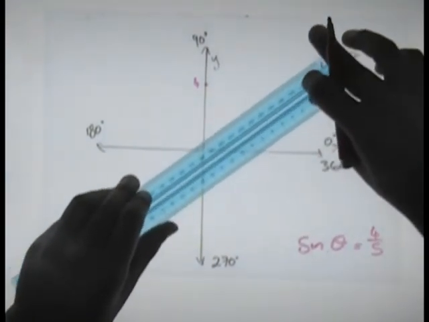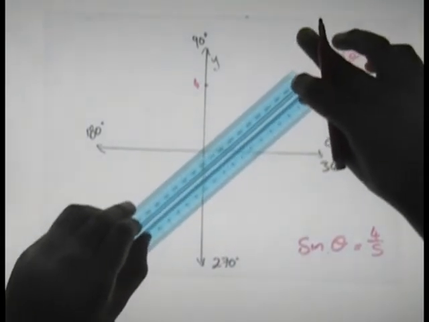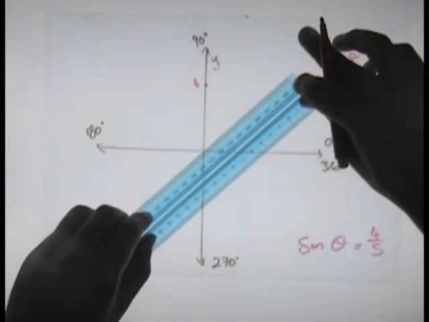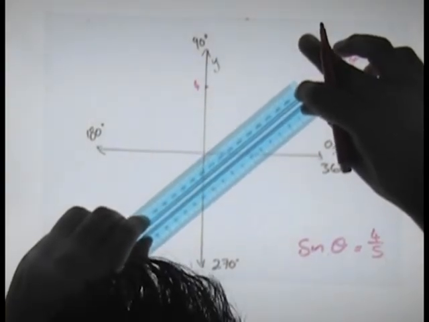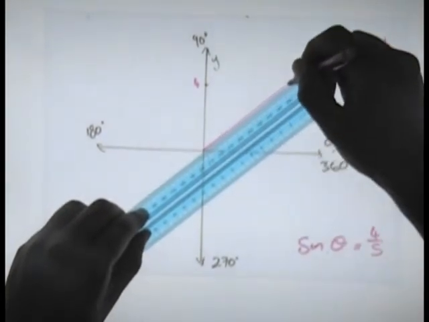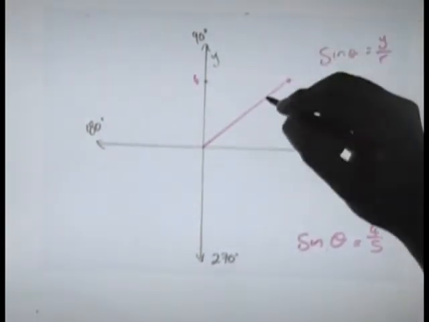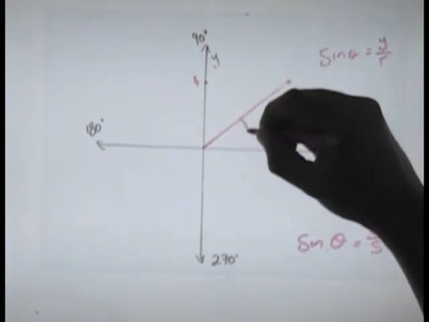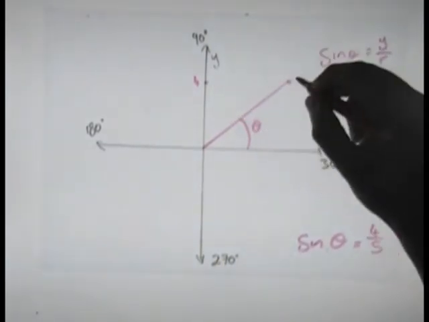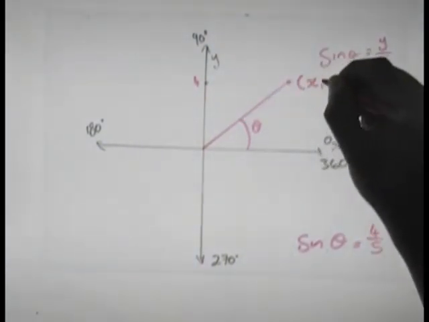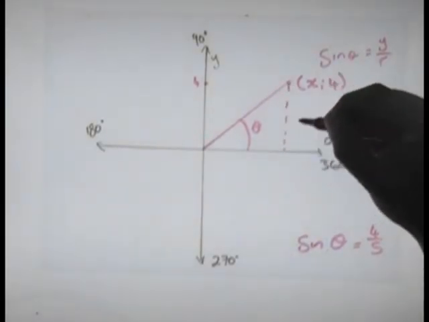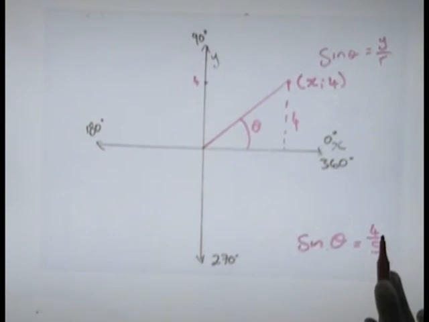R is 5 units, so I'm just going to choose 10 centimeters as being that, and I'm going to look at where it intersects there. That means that this here is theta. It has an x value which we don't know and a y value of 4, because remember sine is equal to y over r.